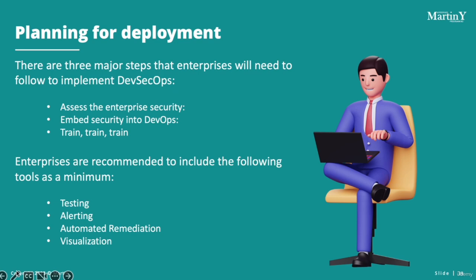There are three major steps that most companies will need to implement DevSecOps. The first one is to assess the enterprise security. Enterprises will likely already have adopted security policies and taken measures to protect their systems. They will also need to adhere to security standards and frameworks because of governmental and industry regulations.